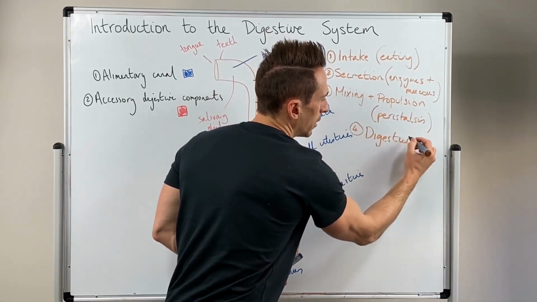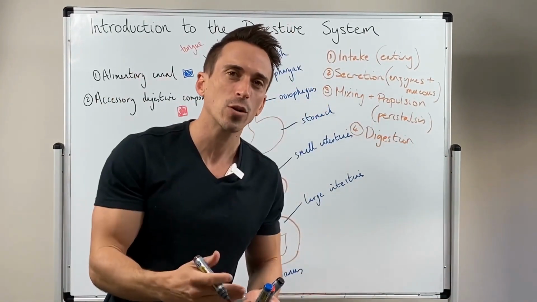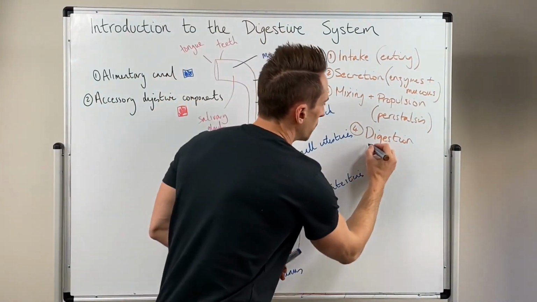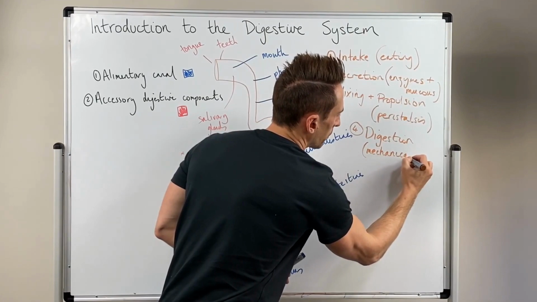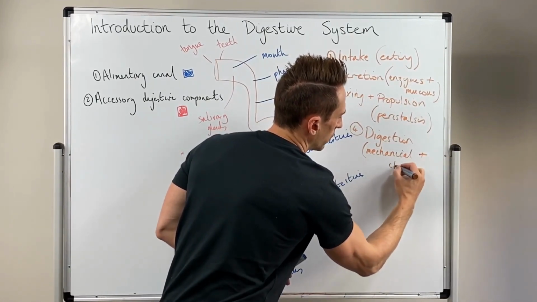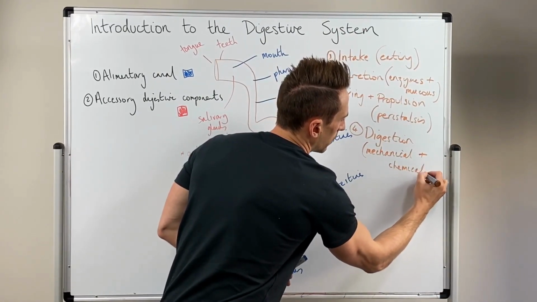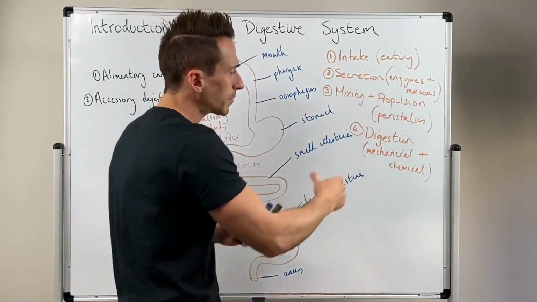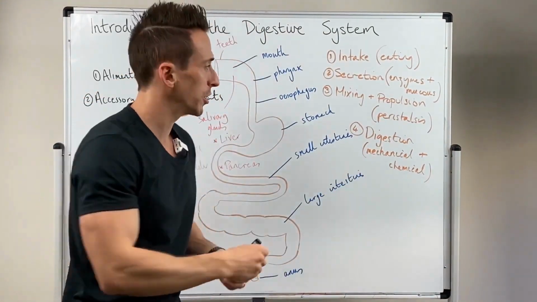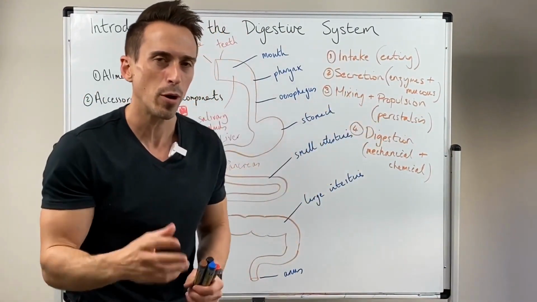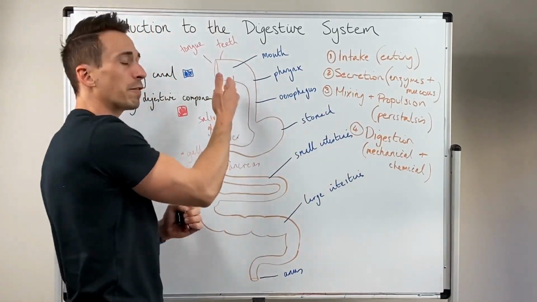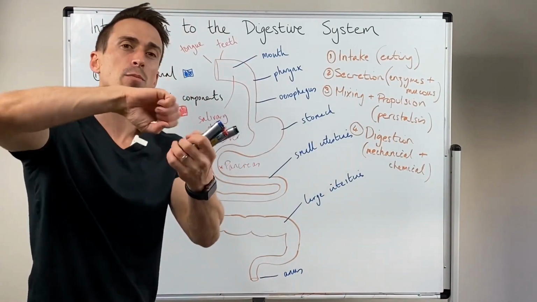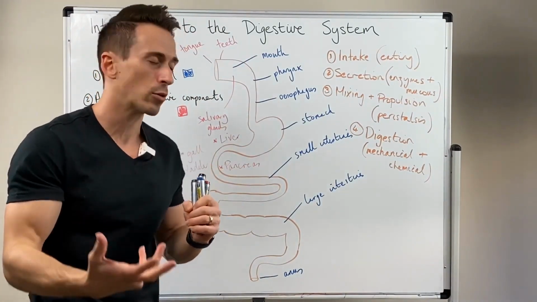Now, importantly, you've got both mechanical and chemical digestion. What's the difference between the two? Mechanical is physical digestion. That's actually part of this mixing and propulsion process. That's where we physically tear things apart. So our teeth, for example, and our tongue allow us to break things apart. That's mechanical digestion.